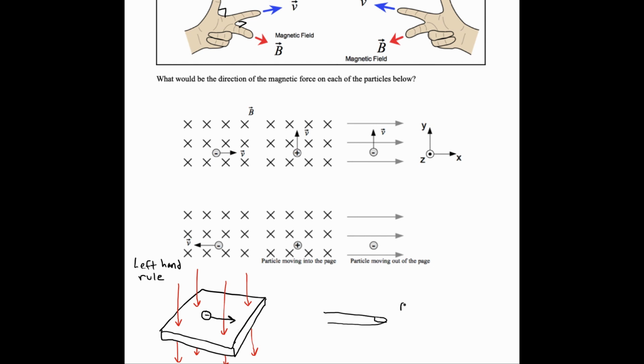Okay, so this is going to be my pointer. Now our middle finger needs to be the magnetic field. So I have to move my hand around such that my middle finger can point down.